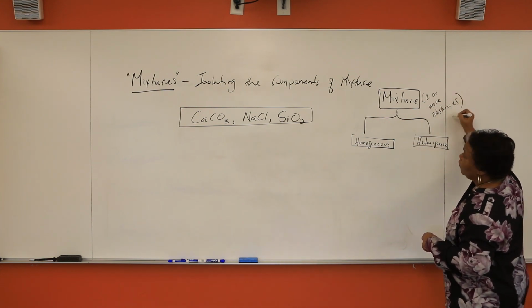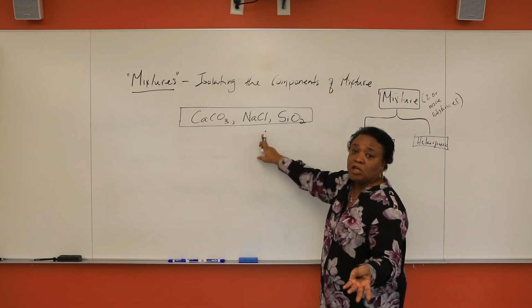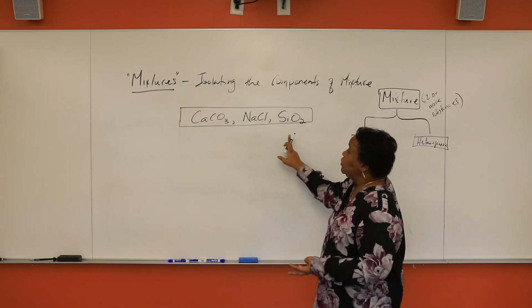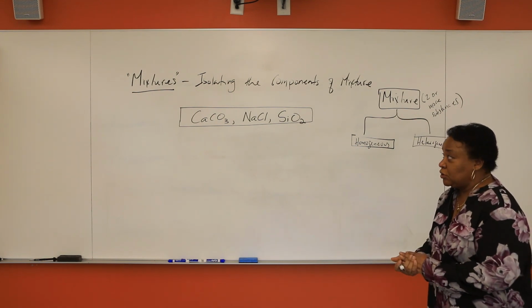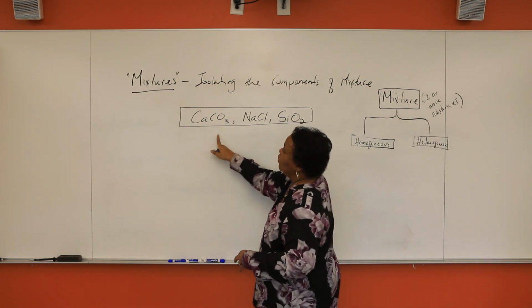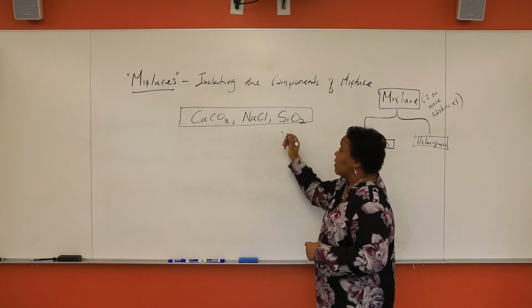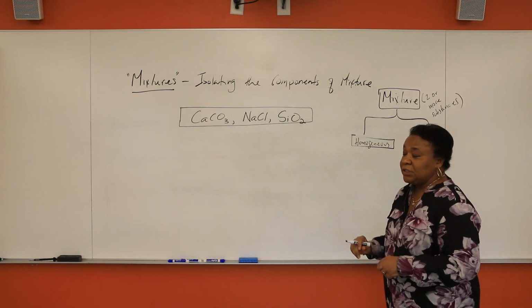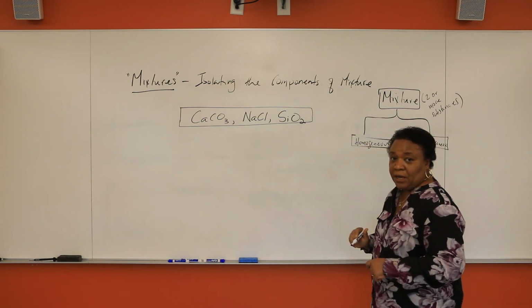But you should also recall that these substances could be in any possible combination, and so your mixtures have what is said to be variable composition. For today, you actually have no idea how much calcium carbonate, how much salt or sand is in my mixture, but you know for certain that this mixture contains 3 compounds.